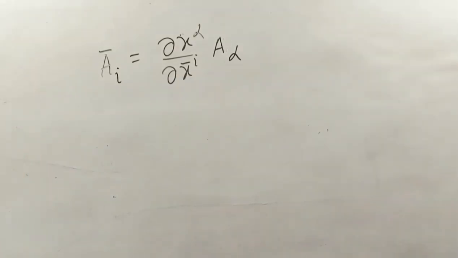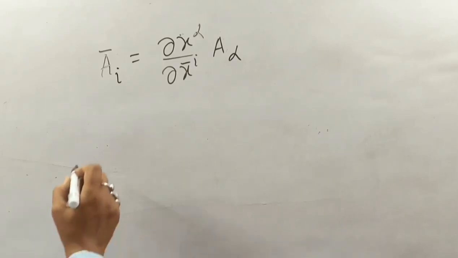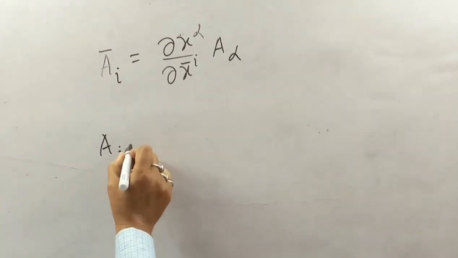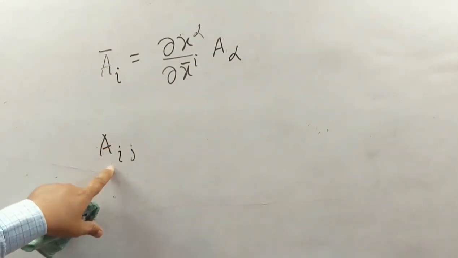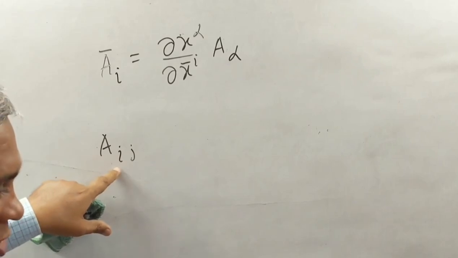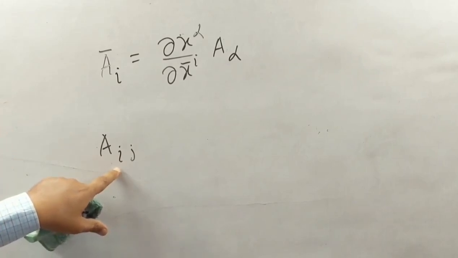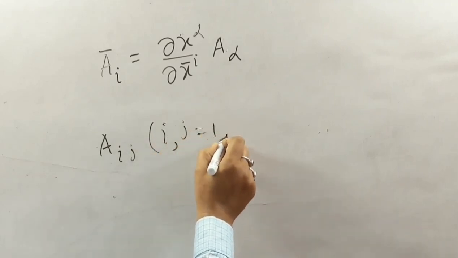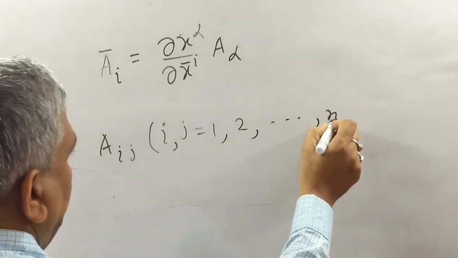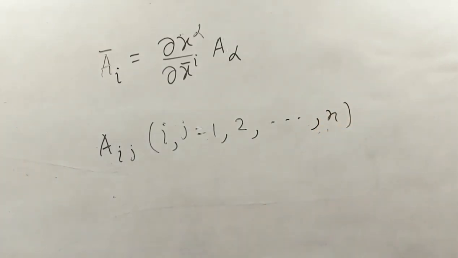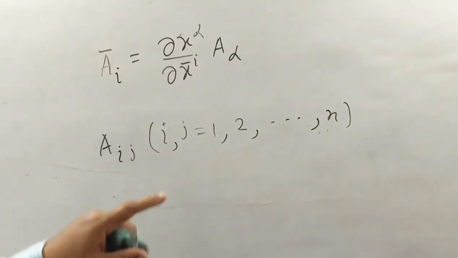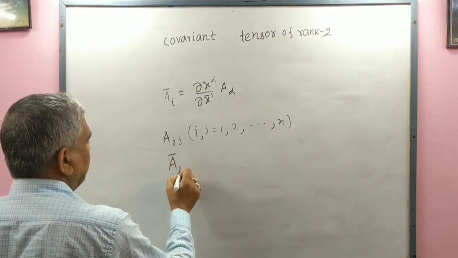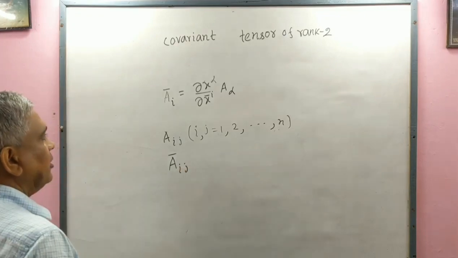Similar to the contravariant tensor of rank 2, we have A_ij, i and j as subscripts for the covariant tensor, where i, j equal to 1 to n, n square number of quantities in X system of coordinates. Its corresponding quantity in X bar system of coordinates is A bar ij.